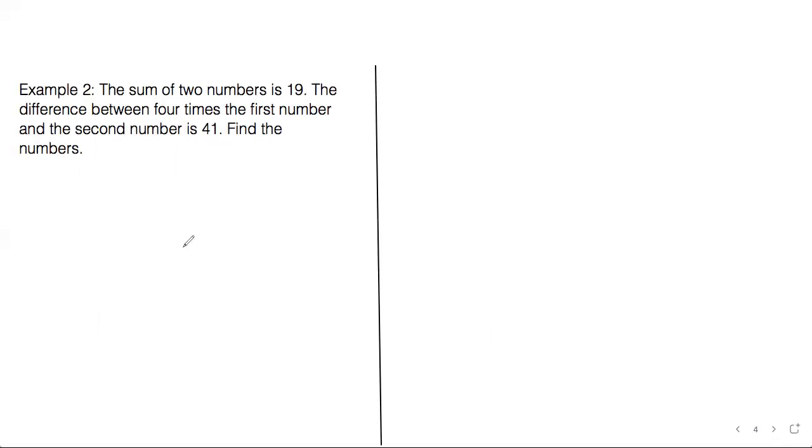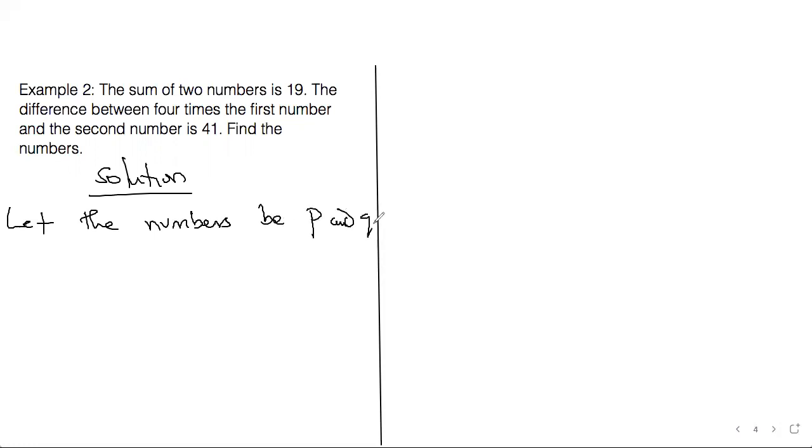Here in this example, we're told that the sum of two numbers is 19, and the difference between 4 times the first number and the second number is 41. Find the numbers. First, let the numbers be P and Q. Let's say the first number is P and the second number is Q. The first statement said the sum of the two numbers is 19. It means when I add P and Q together, I should get 19.